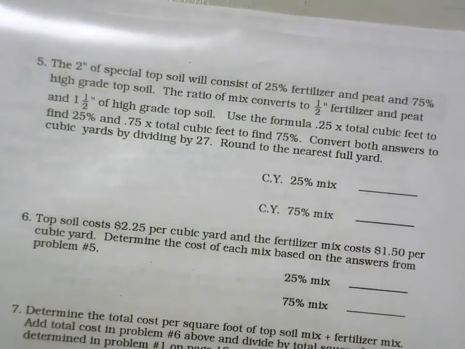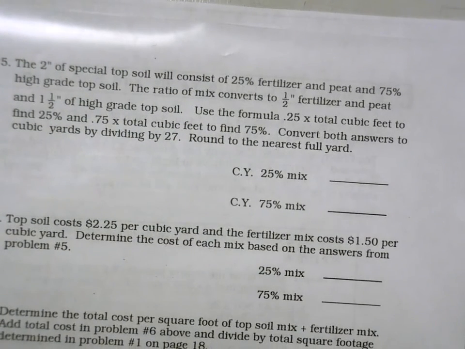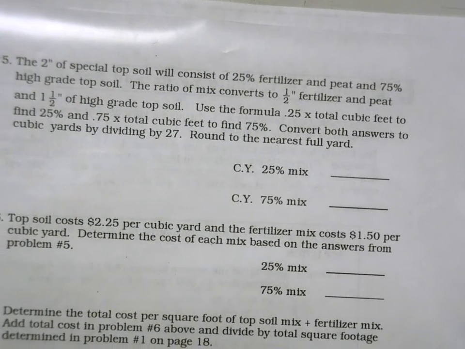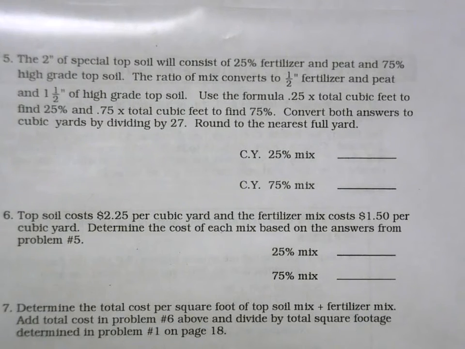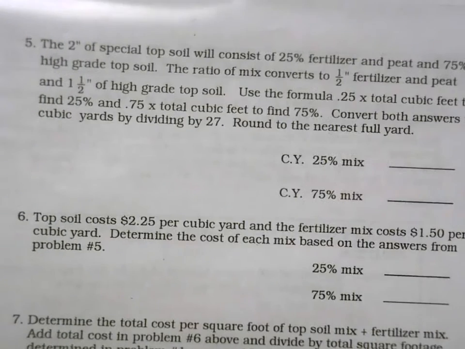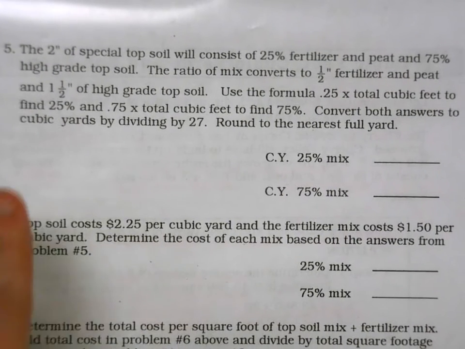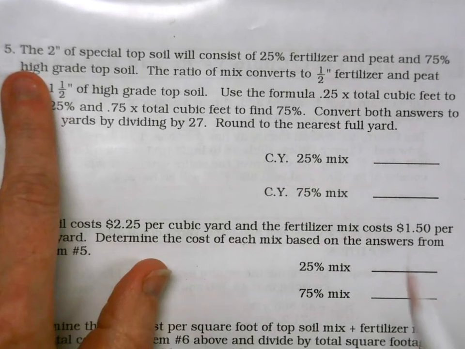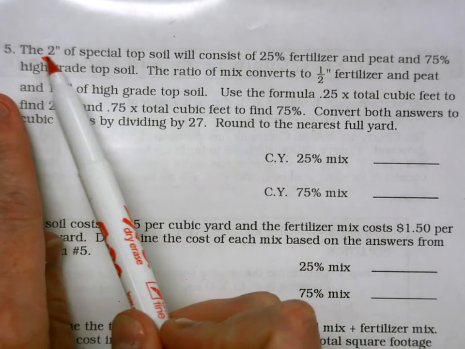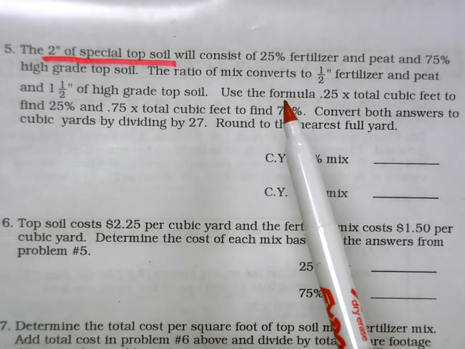Okay? Turn it over to the back really quick. I want to talk about problem number 5 because this one gets into what those percentages are dealing with. So problem number 5 says 2 inches of special topsoil.